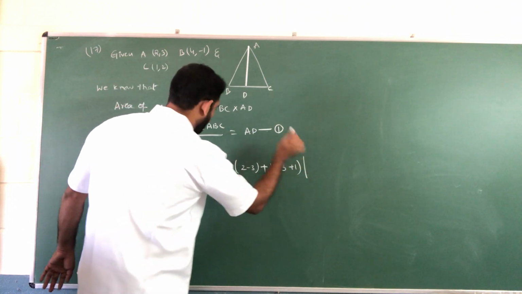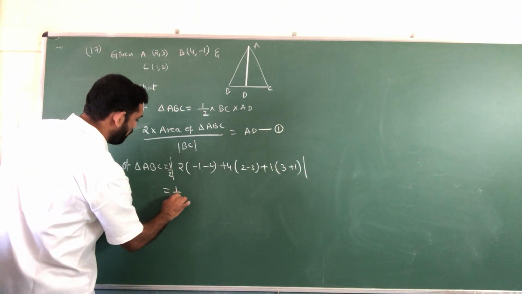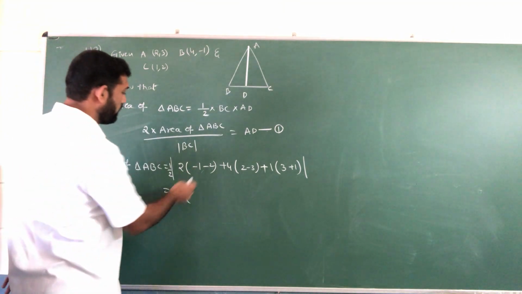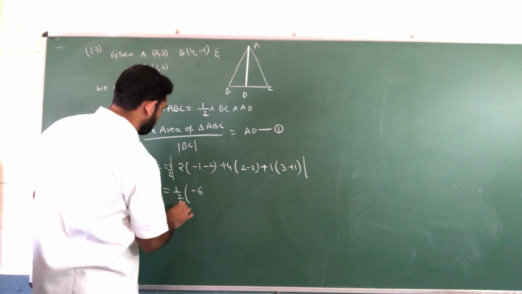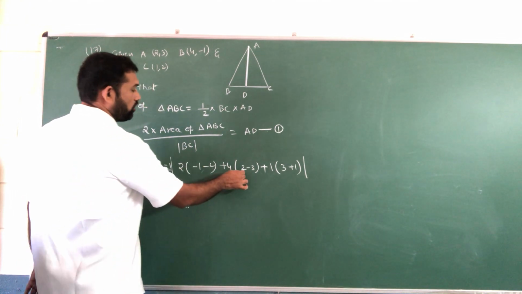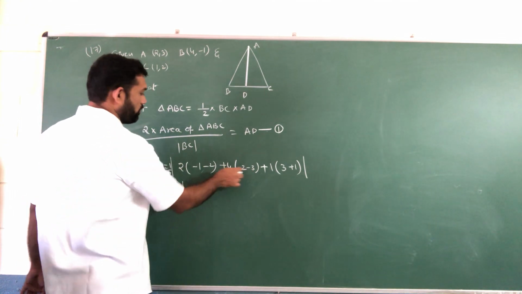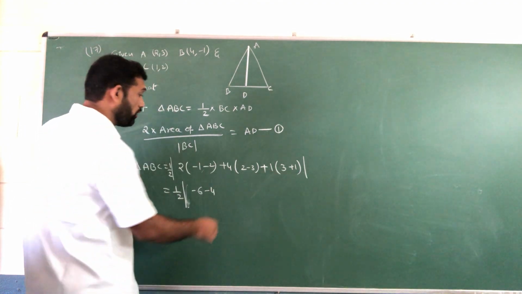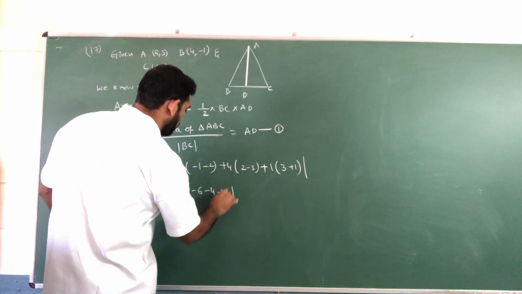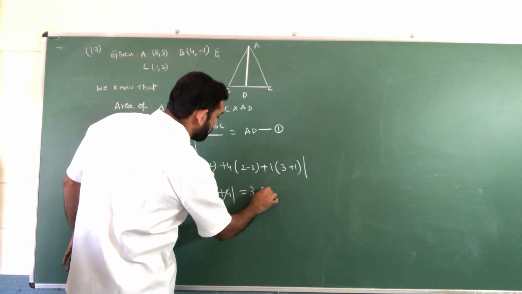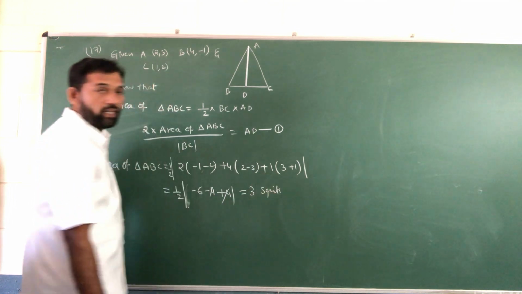Now simplify this. Half into: minus 3 into 2 is minus 6. Next, 2 minus 3 is minus 1, minus 1 into 4 is minus 4. Next 3 plus 1 is 4, 4 into 1 is 4, so that should be plus 4. So 3 square units. Area is 3.